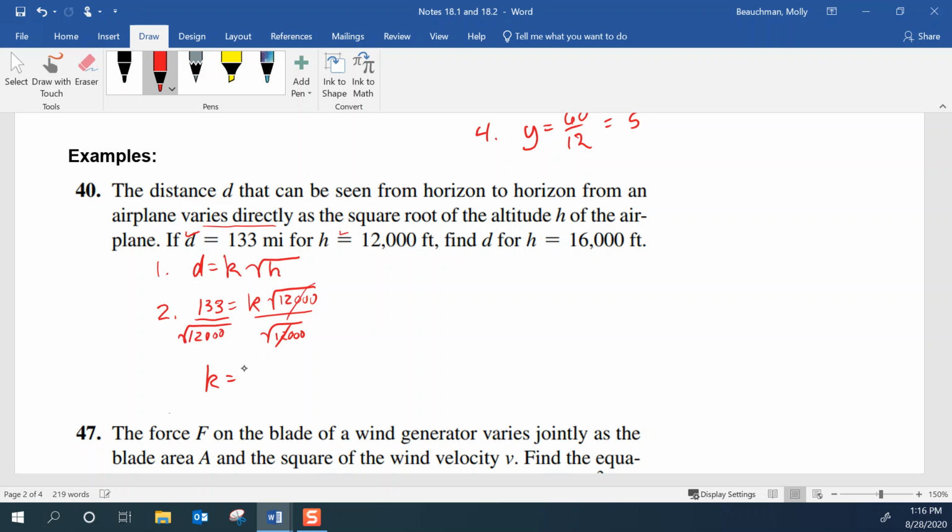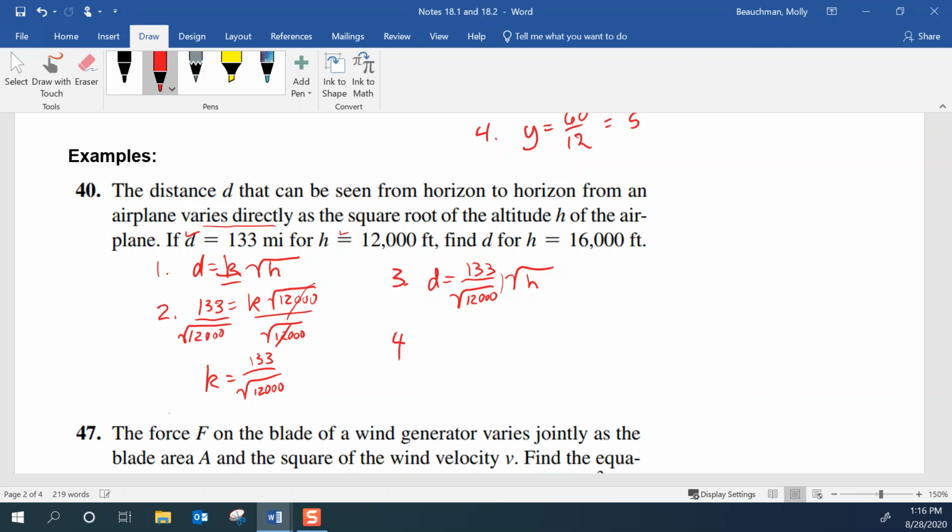So k is equal to 133 over the square root of 12,000. I'm not going to multiply that out. I'm going to wait until I get to the end of the problem. Okay, so step 3, now I know that d equals 133 over the square root of 12,000 times the square root of h. I just substituted the value for k.